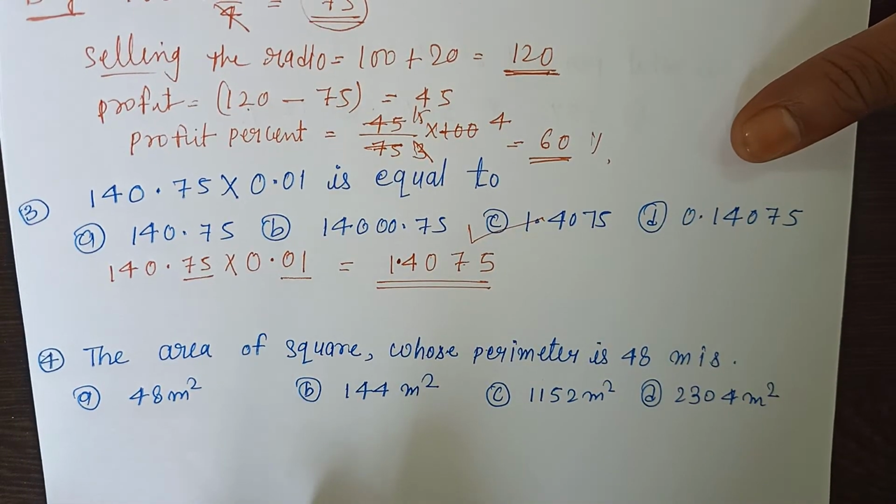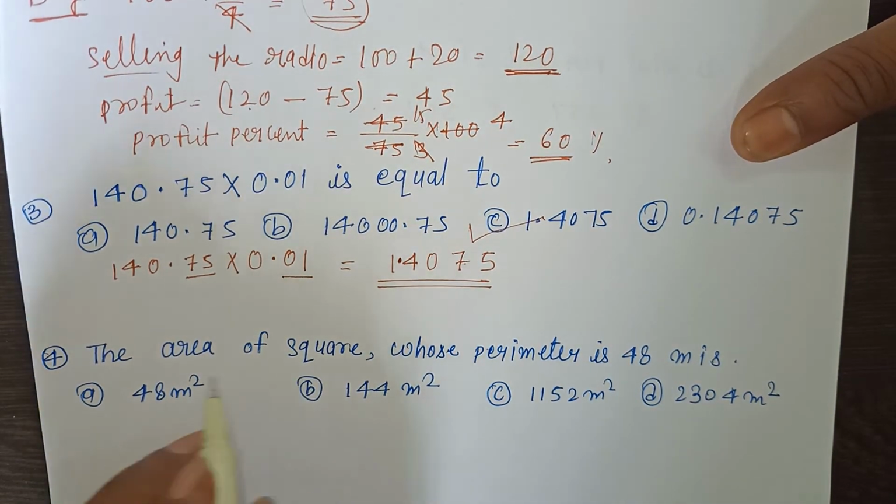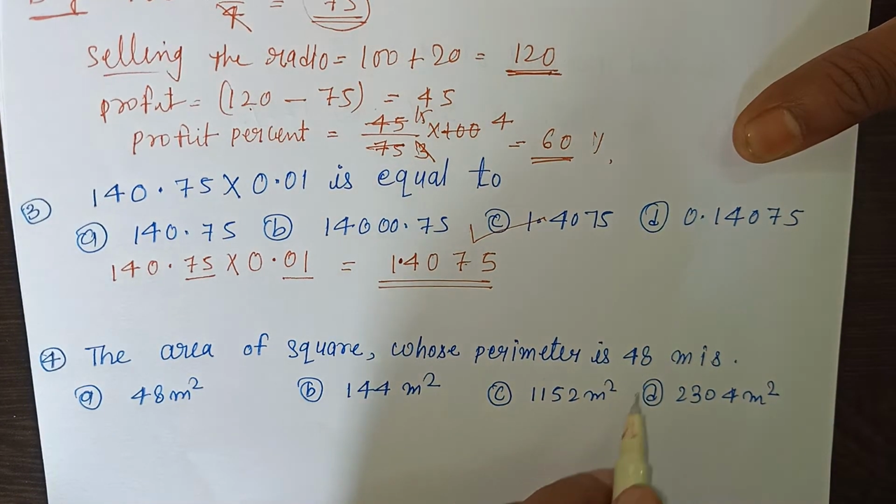Now question number 4, the area of a square whose perimeter is 48.